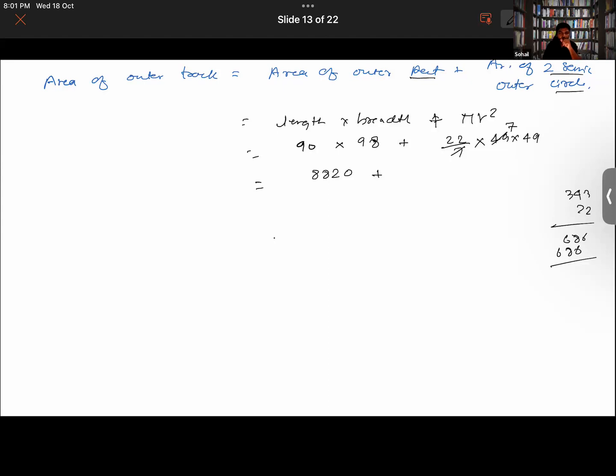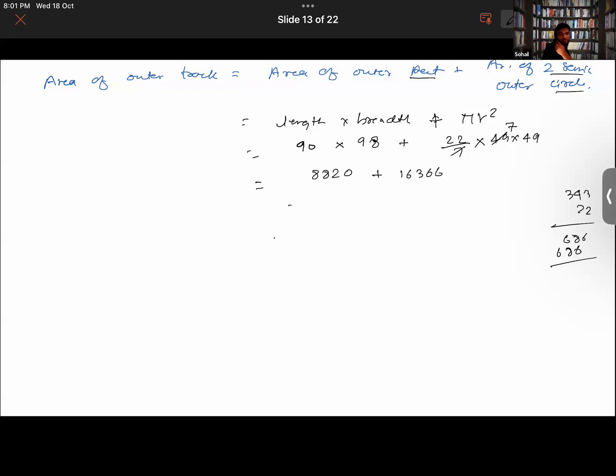That is 7,546. After adding both of them, how much will that be? It will be something like 25,000. Find out what value you get here.